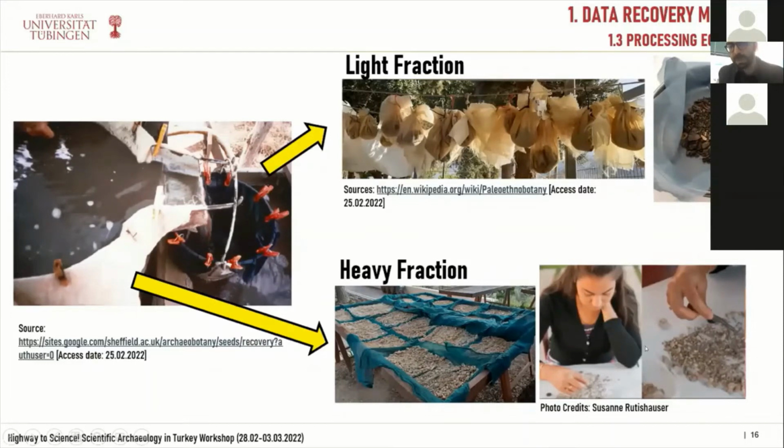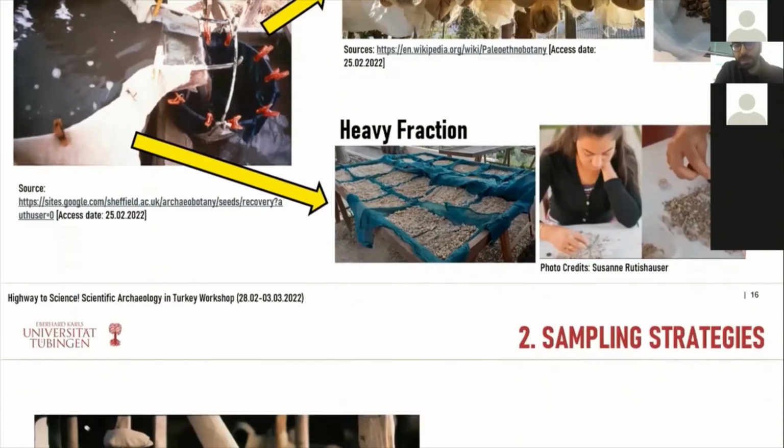Later on we sort out this sample to find more charcoals, or small micro bones from small mammals, or shells, or maybe sometimes metal slags or small artifacts as well. So this heavy fraction is also usually rich.